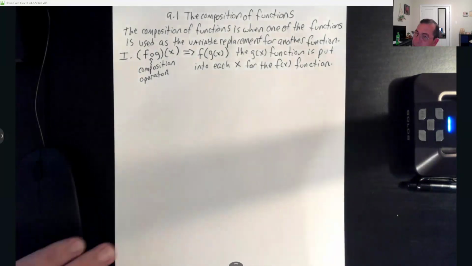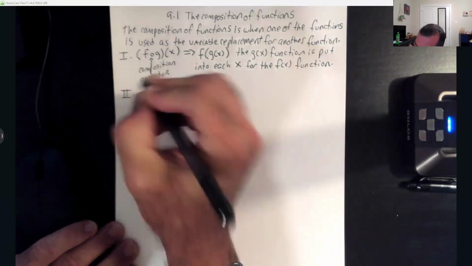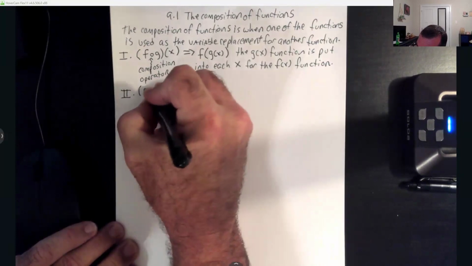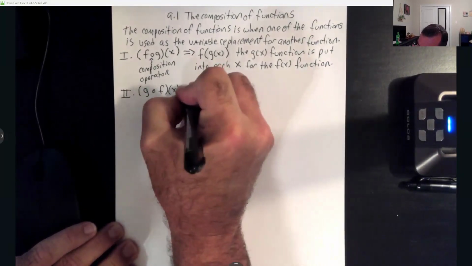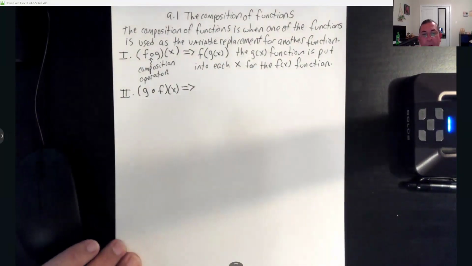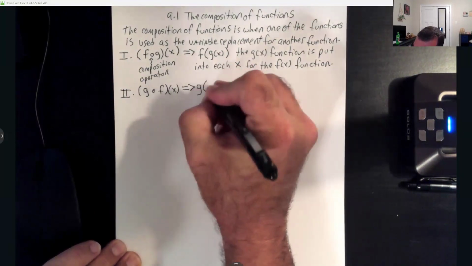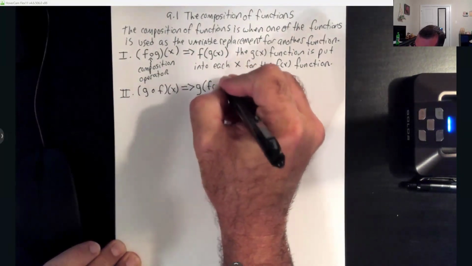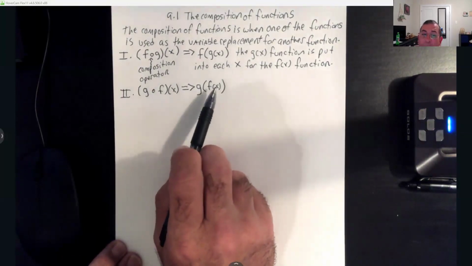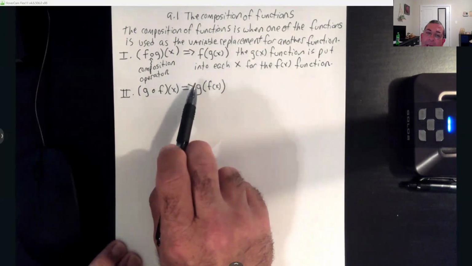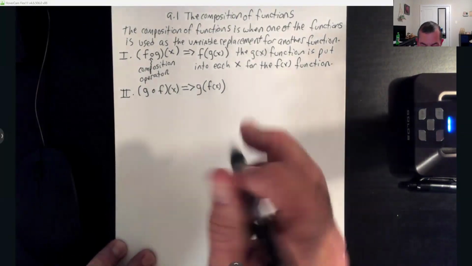So the second way we reverse this, and we have G compose F of X. So what this means, this is really G of F of X. So what we'll do now, we'll take the F of X function and put it into each of the X's for the G function.